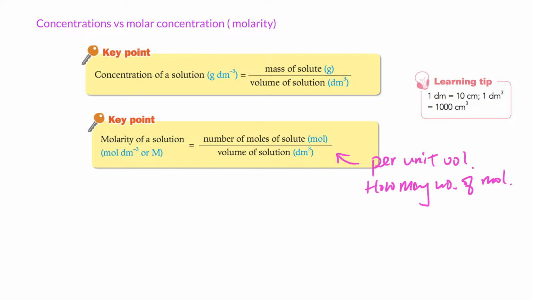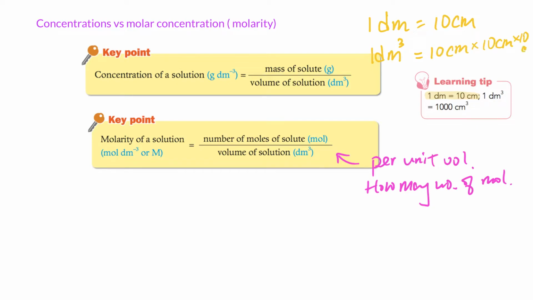So what is dm cube then? Actually 1 dm means 10 cm. So if we have 1 dm equals 10 cm, then 1 dm cube means 10 cm, do it 3 times.